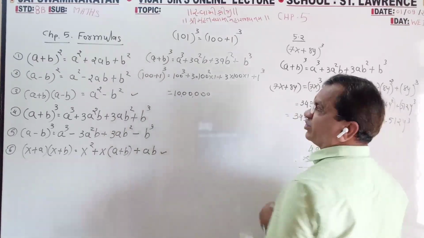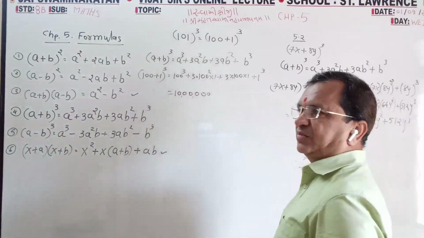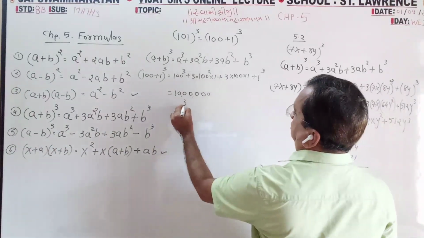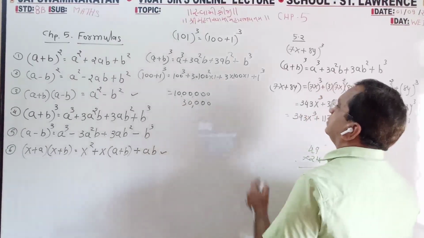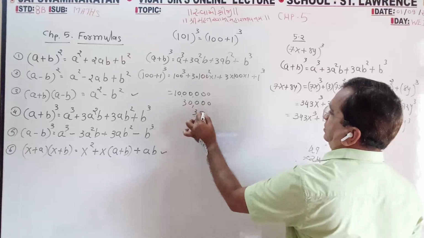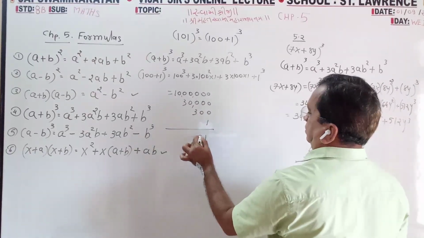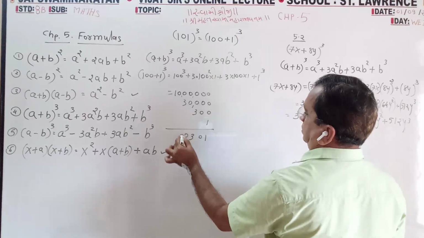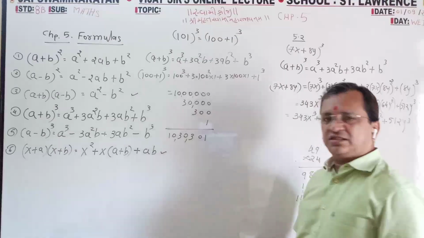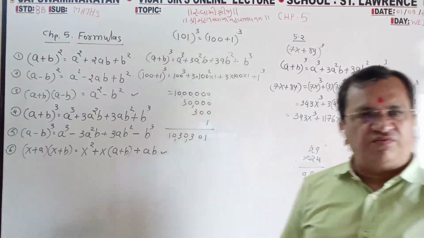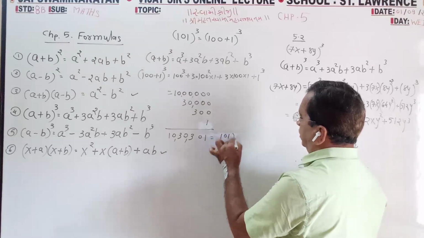Then 100 square, 4 zeros, 10,000 into 3 is 30,000. This is 300. This is 1. 10 lakh 30,000 301. That is the cube of 101.